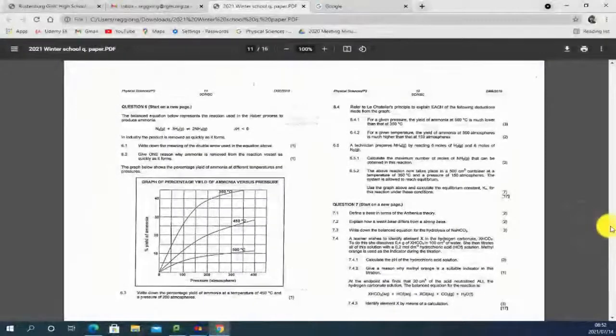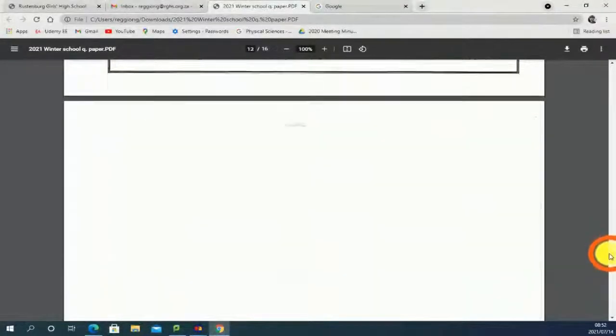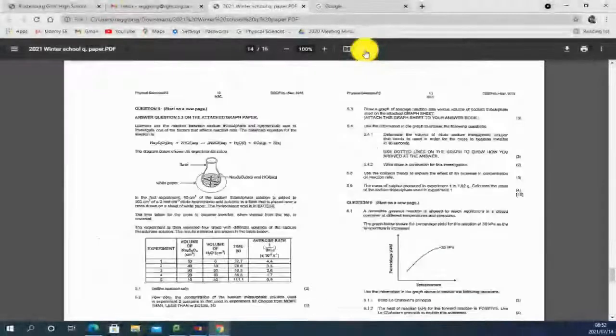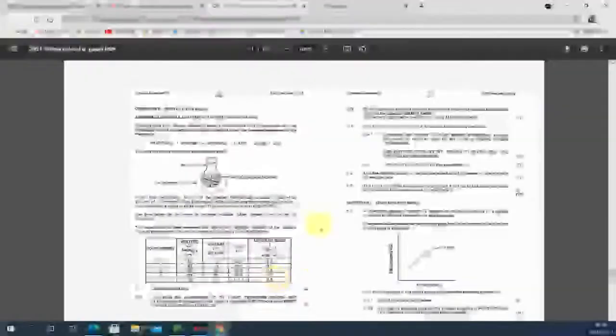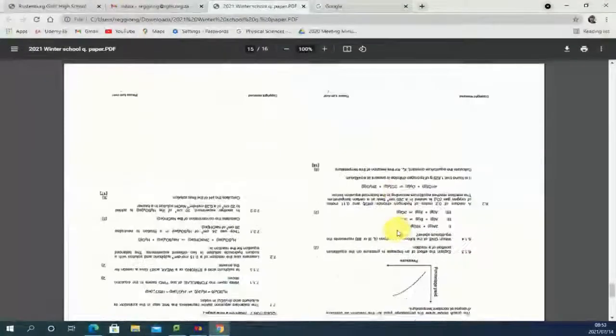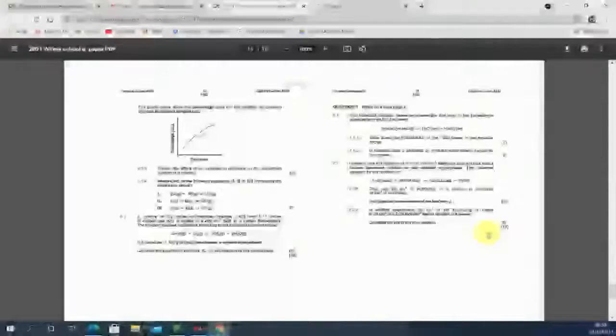And then we gave you another document, where again question 5 is rates of reactions, question 6 is chemical equilibrium, and question 7 is acids and bases.